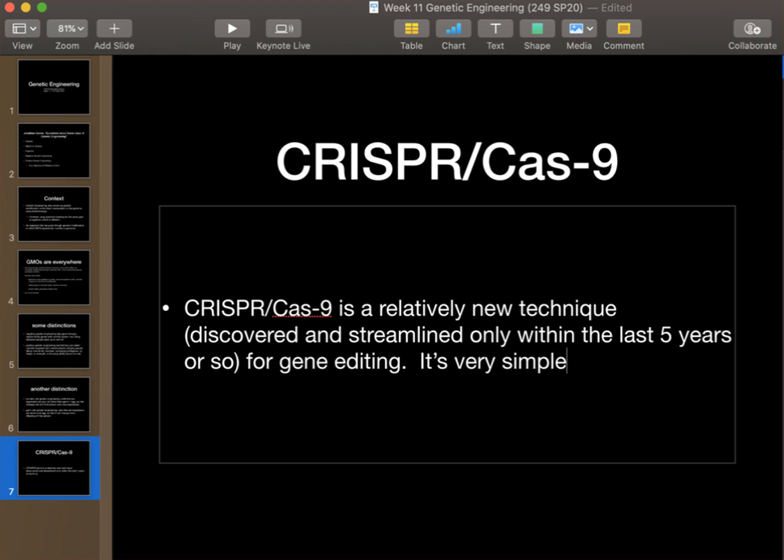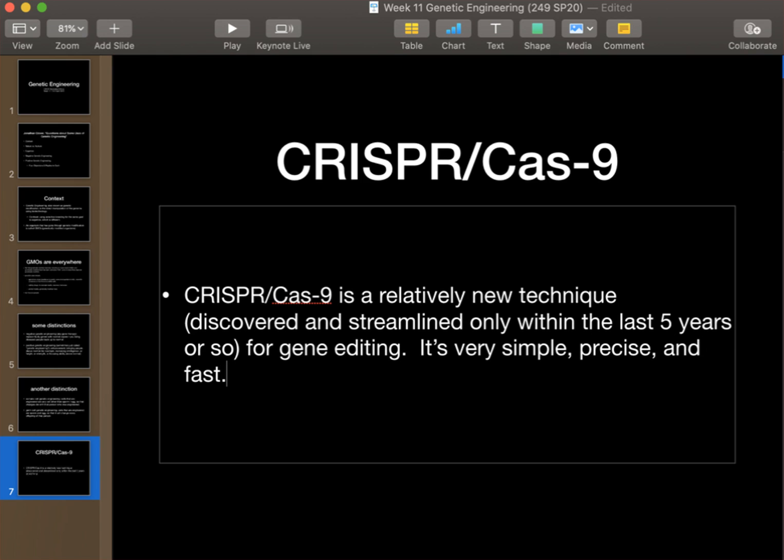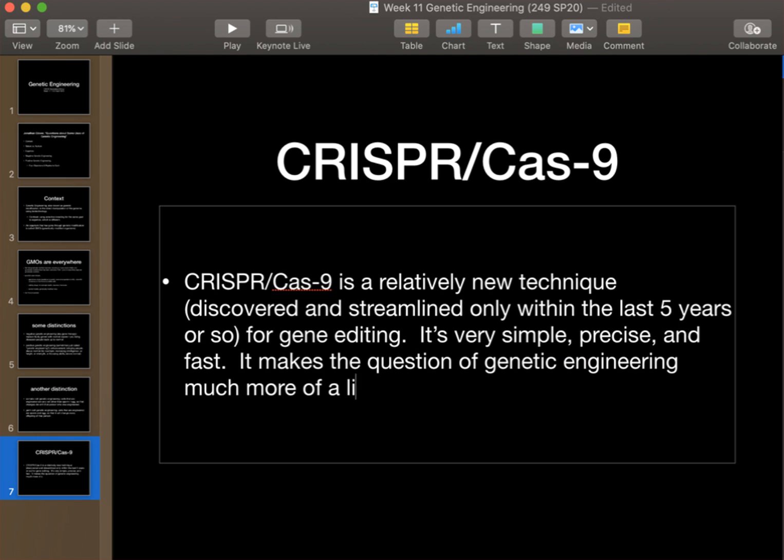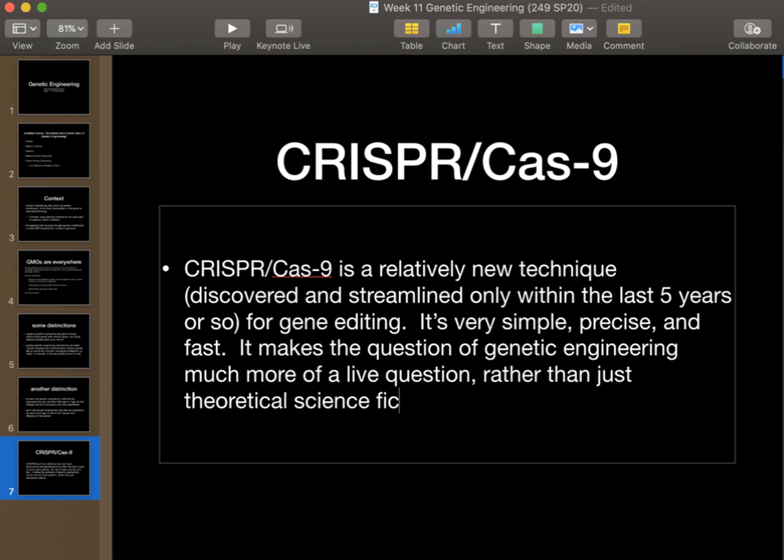It's very simple, precise, and fast, okay? So it makes the question of genetic engineering much more of a live question rather than just theoretical science fiction.